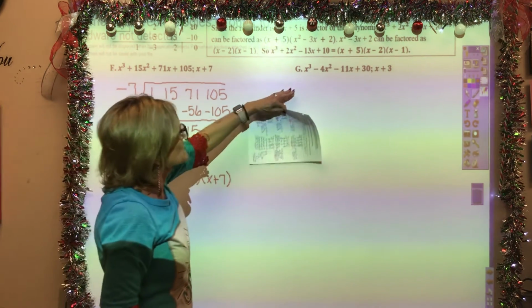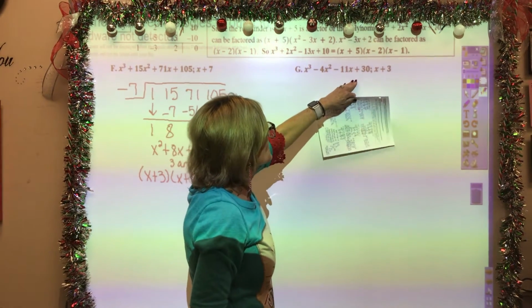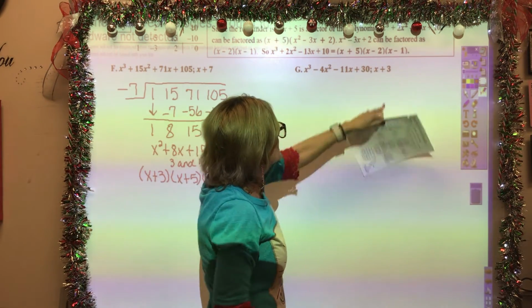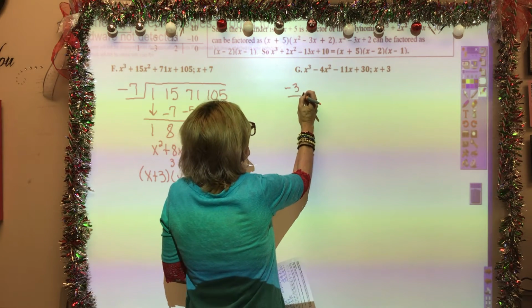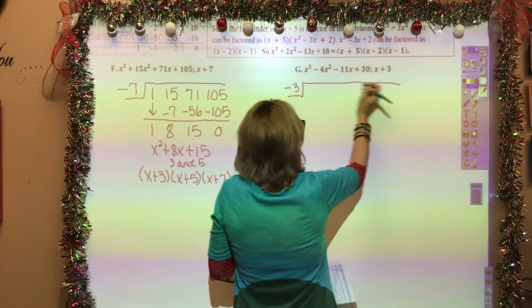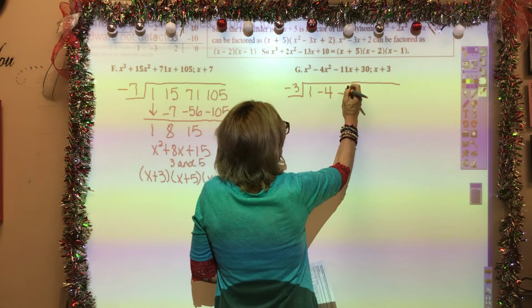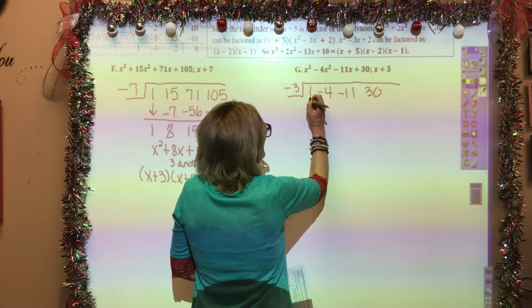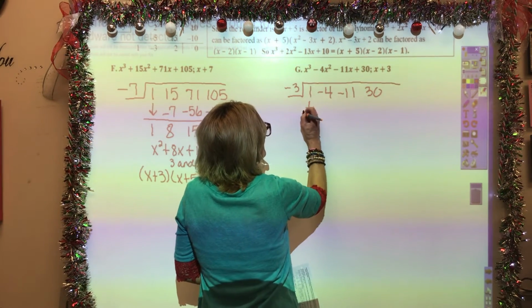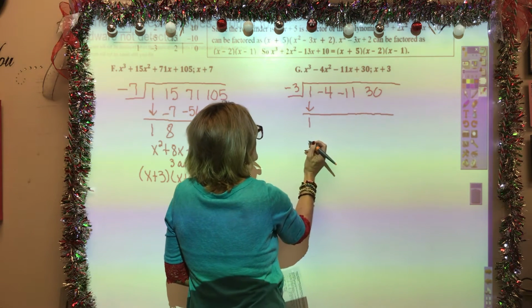On the second one, the powers are going down in descending order. Our a will be negative 3, so we'll put a negative 3 out front. We'll have a 1, negative 4, negative 11, and 30. We'll draw an arrow down from the 1, a line under the arrow, and a 1 under the line.